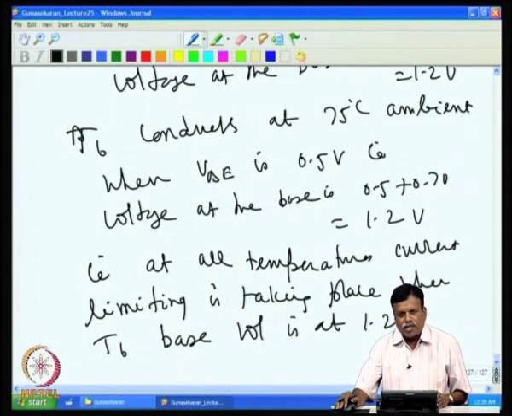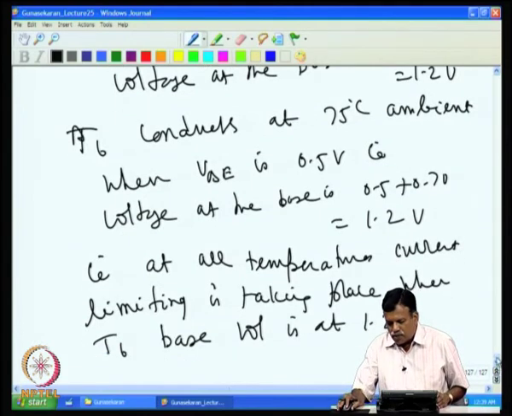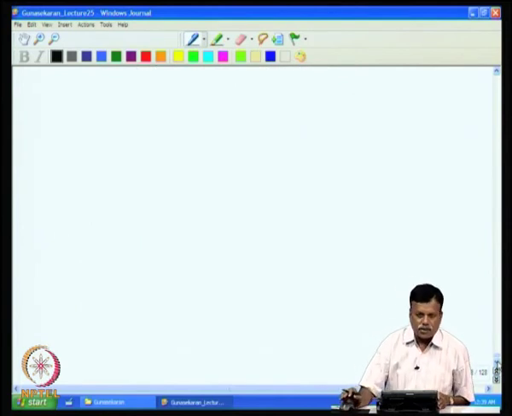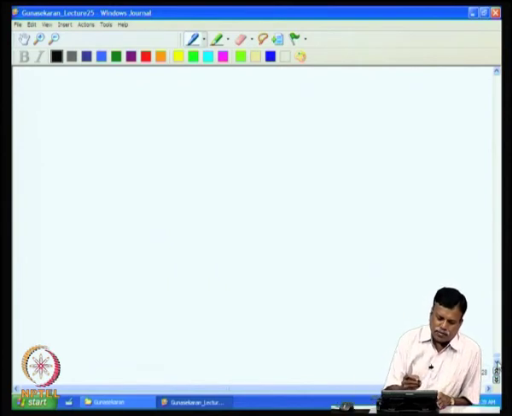Let us see another circuit wherein an op amp is used and how the drift is calculated. Take the example circuit 3.